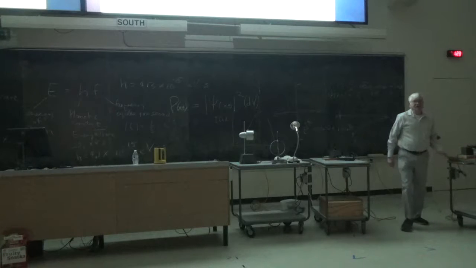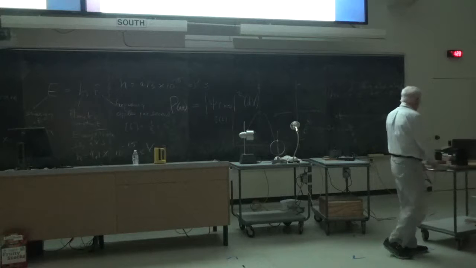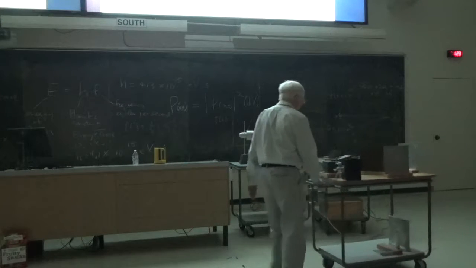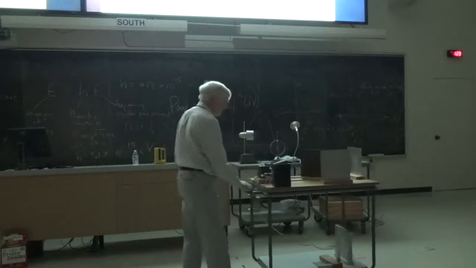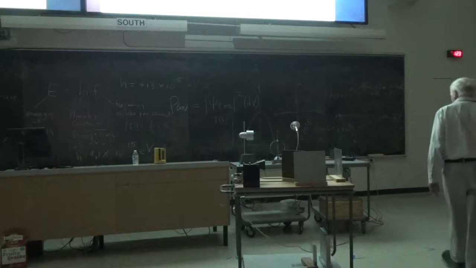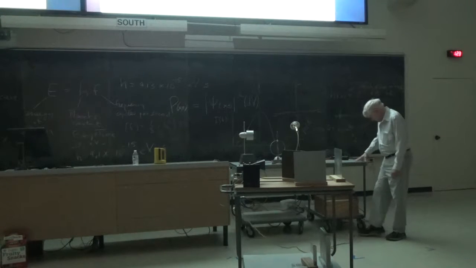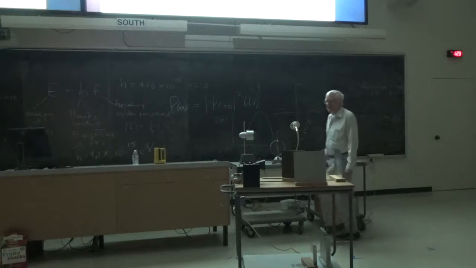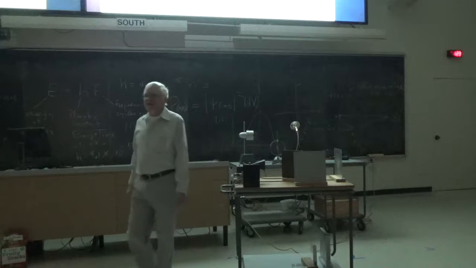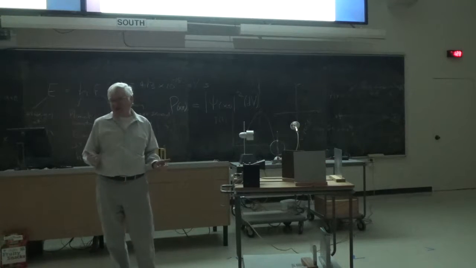Okay, well, here's another demo, and this is a very different demo. When the frequencies are very high, the wavelength's very short, then the wave properties are harder to see.